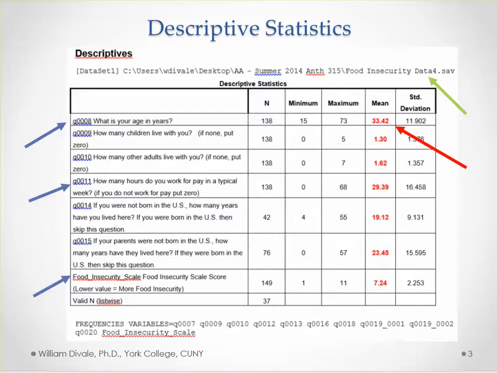Now, the standard deviation is that last column, and for that mean it's 11.902. And that means the average amount of variation around that mean score. So in your sample, 65% of your subjects would have an age between 11 years less than 33 and 11 years more than 33.